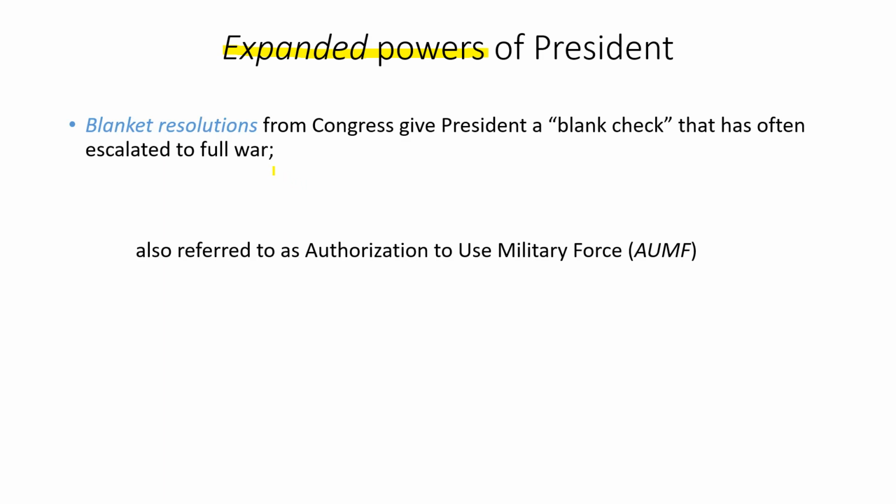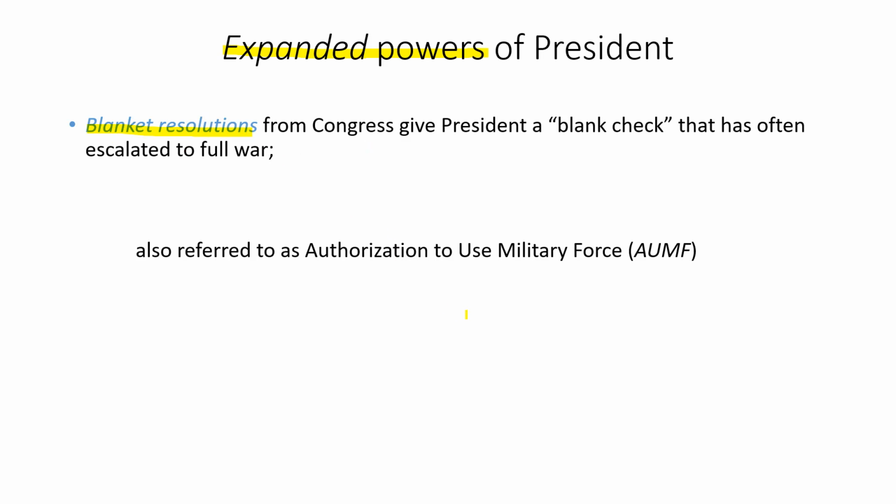And then the expanded use of executive orders. This has been a very much researched part of political science for several decades, how that one person has been given more and more power over the years because of these things that have evolved and have been generally accepted.